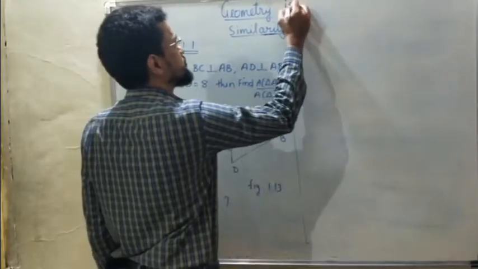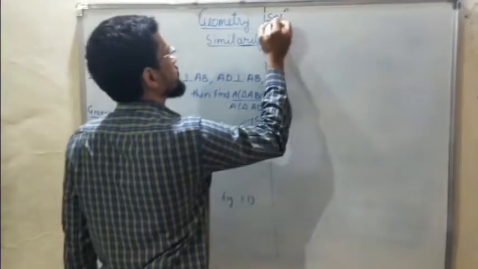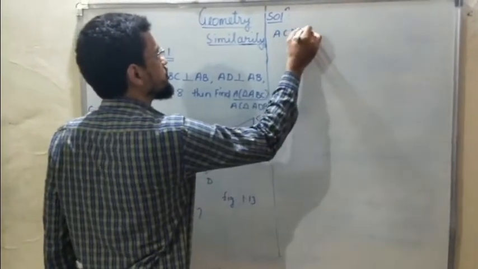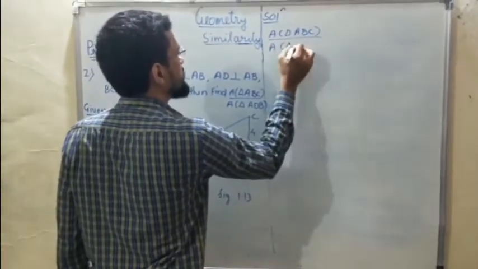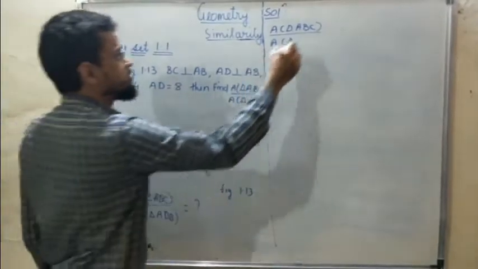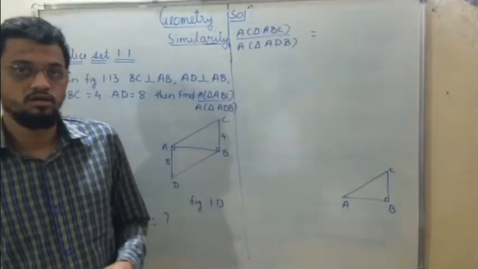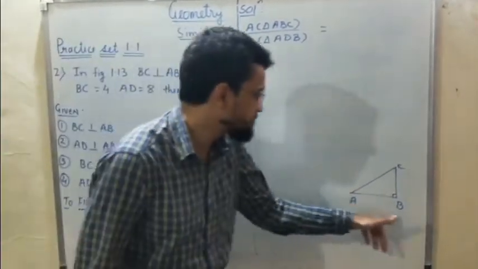Now for the solution. Area of triangle ABC divided by area of triangle ADB is equal to. For easier understanding, let us draw these two triangles separately, ABC.